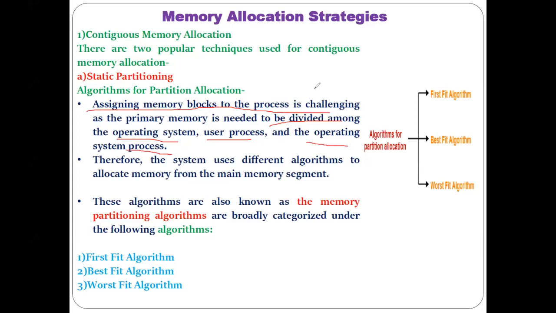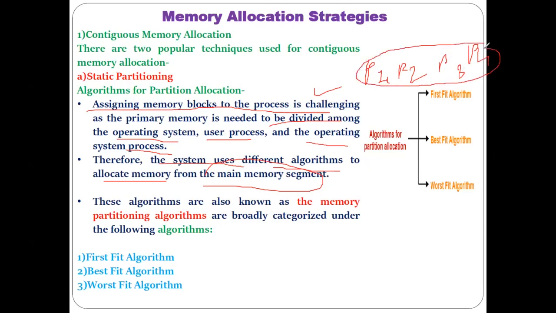So that is the reason assigning the memory blocks or memory cells or memory partitions to the different tasks or processes is a very challenging task. Therefore the operating system uses different algorithms to allocate the memory from the main memory. As I said, if there are processes P1, P2, P3 and P4 that come and want to utilize the memory.